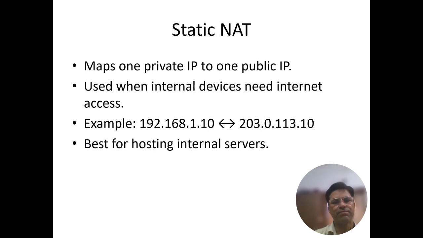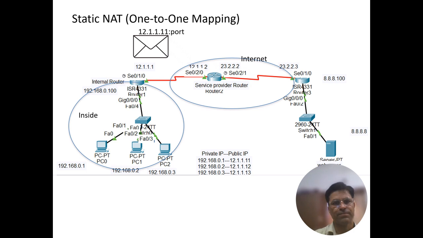Static NAT maps one private IP to one public IP. If there are three public IPs available, then only three hosts can communicate. This is the diagram I have shown. This is the inside, the LAN.